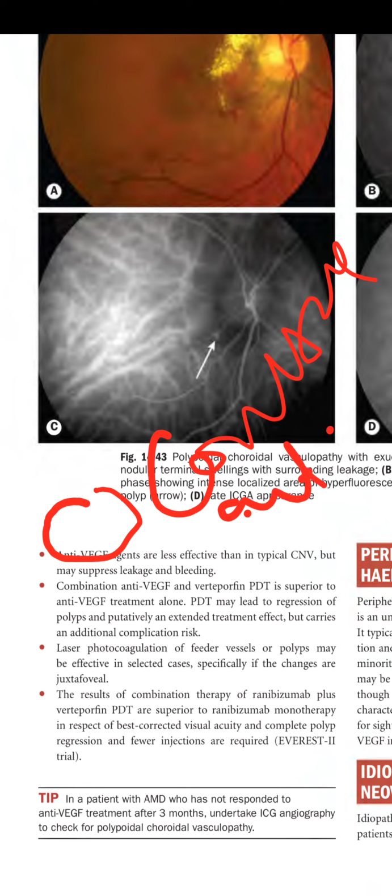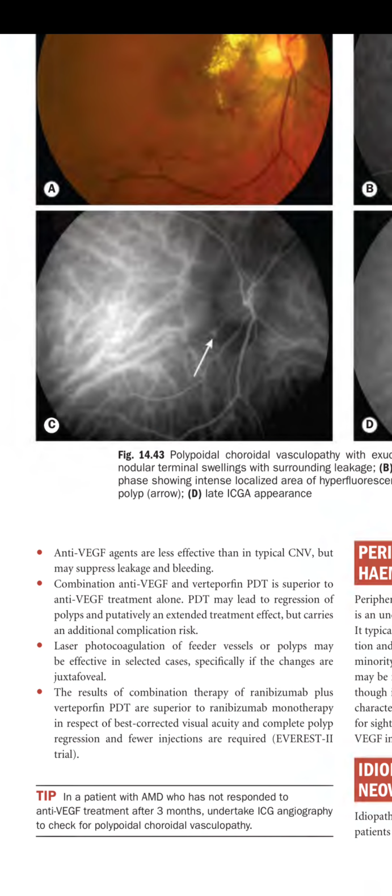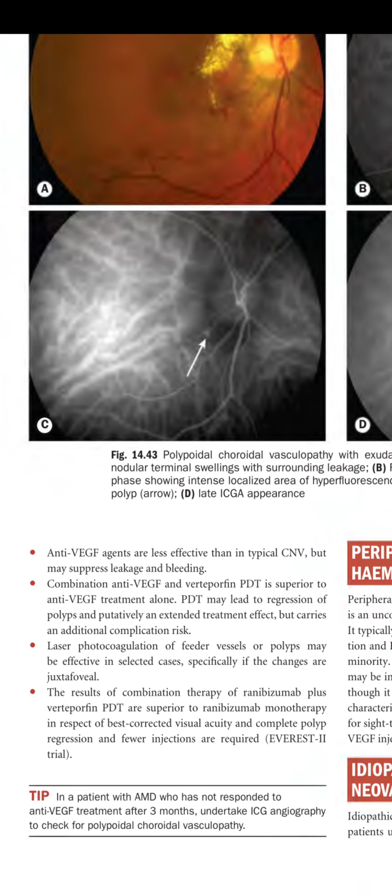PDT may lead to regression of polyps and putatively extended treatment effects, but carries an additional complication risk. Laser photocoagulation of the feeder vessel or polyp may be effective in selected cases, especially if the changes are juxtafoveal. The results of combination therapy of ranibizumab plus verteporfin PDT are superior to ranibizumab monotherapy in respect of best-corrected visual acuity and complete polyp regression, and fewer injections are required.